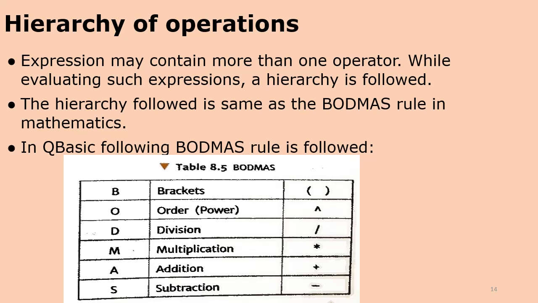In QBasic, the BODMAS rule is followed. B stands for bracket, O stands for order, or power, or exponentiation, D is division, that is your normal division, M is multiplication, A is addition, and S is subtraction.